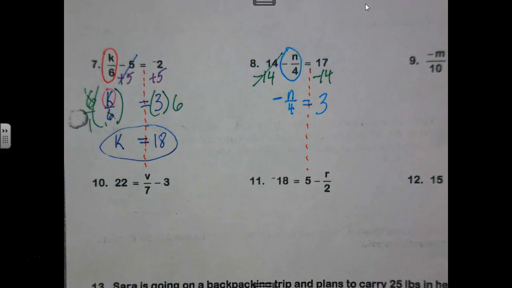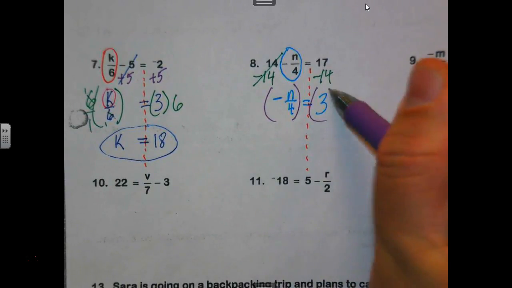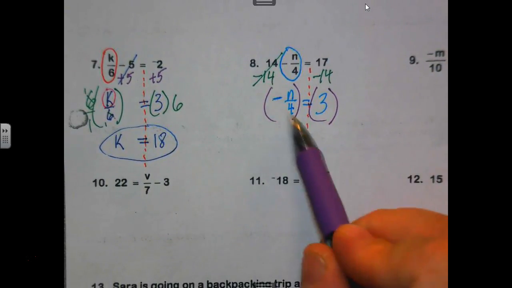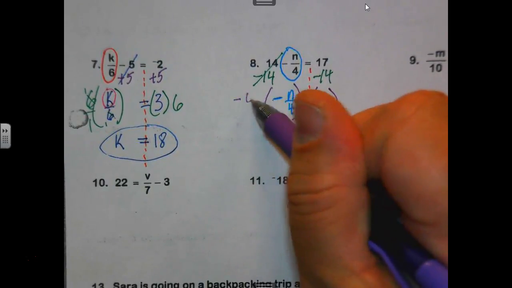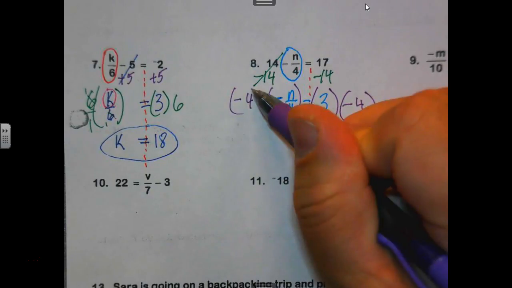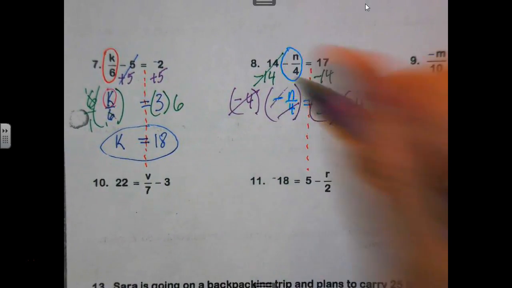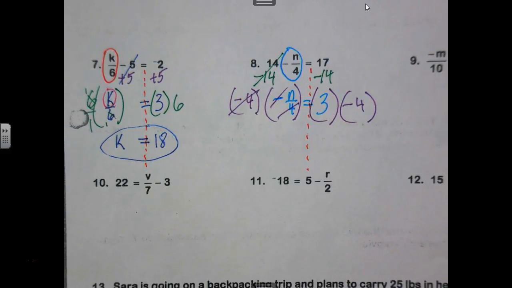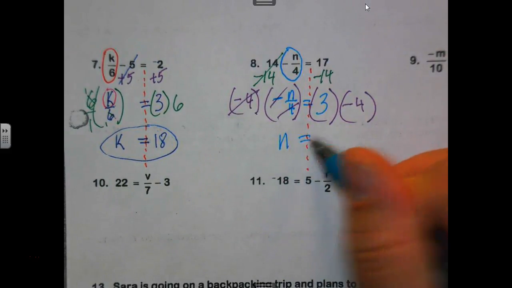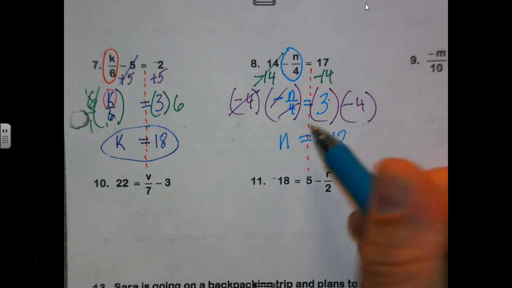And then I'm going to multiply both sides by... Now, if I multiply by negative 4, it's kind of doing two things at once. It's getting rid of my 4 and the negative sign. So n equals 3 times negative 4, negative 12.